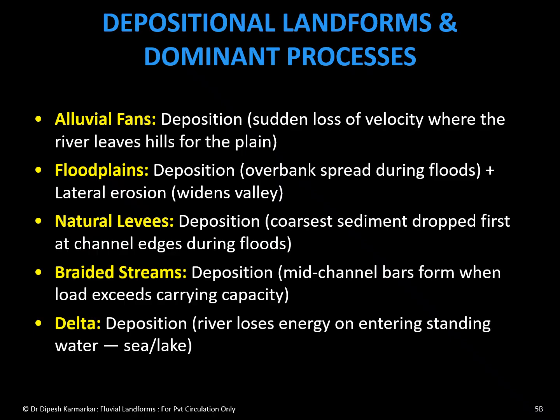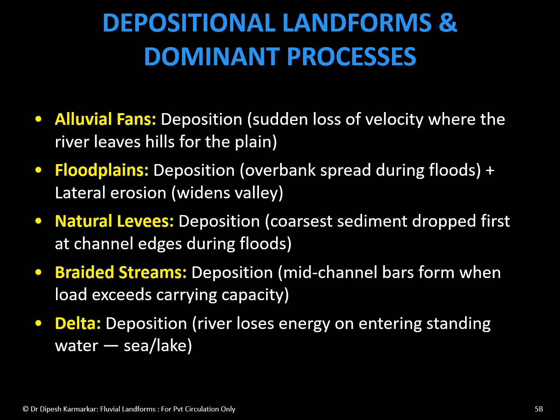This summary slide lists all the depositional landforms with their dominant processes. Alluvial fans are made by deposition due to sudden loss of velocity as the river leaves the hills. Floodplains are made by deposition during overbank flooding along with lateral erosion that widens the valley.